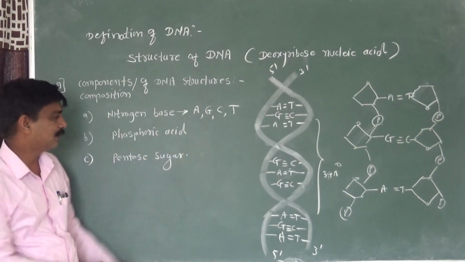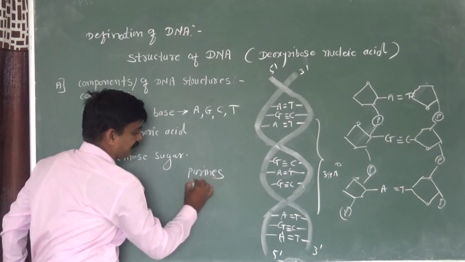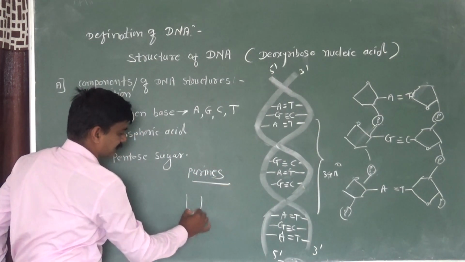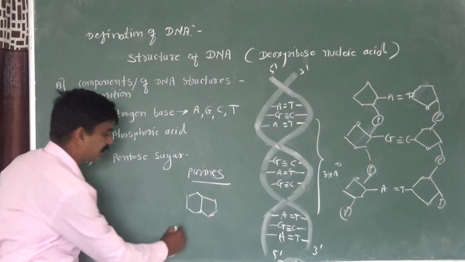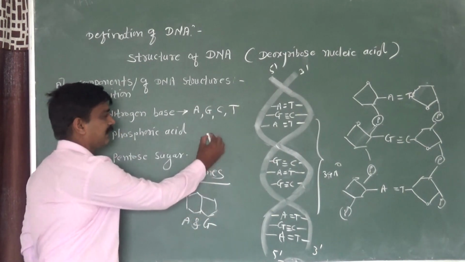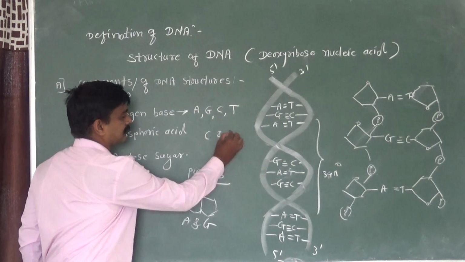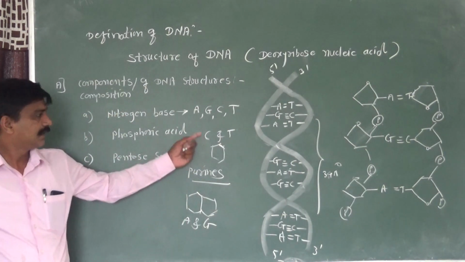Adenine and guanine are the purines, which have a double ring structure. And cytosine and thymine are the single ring structure.